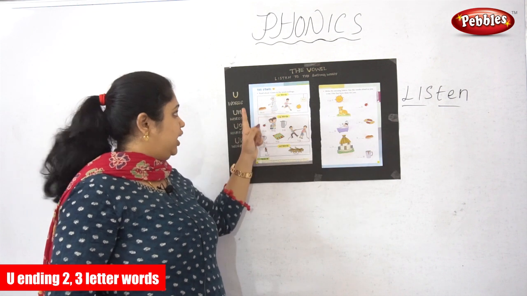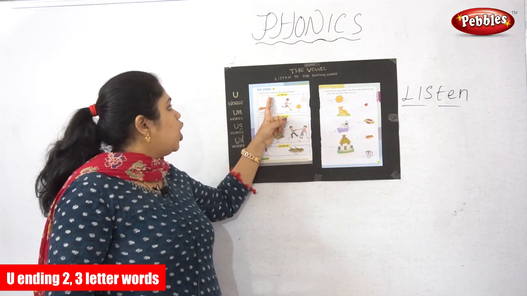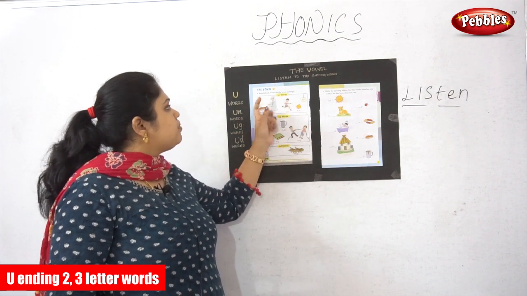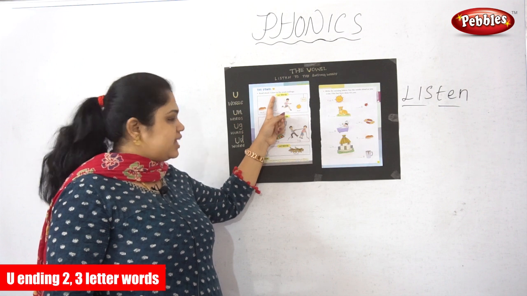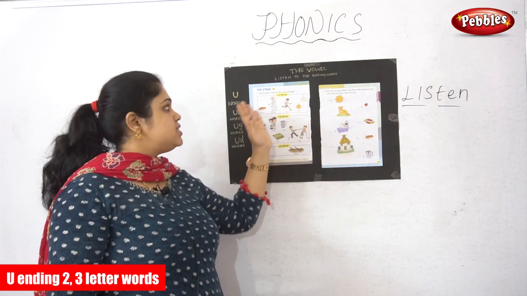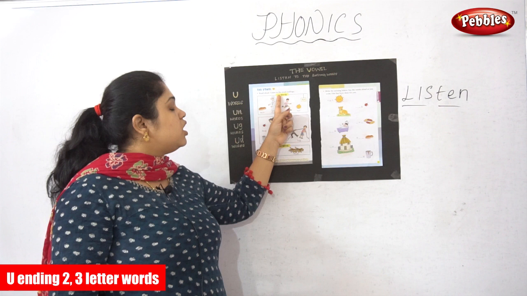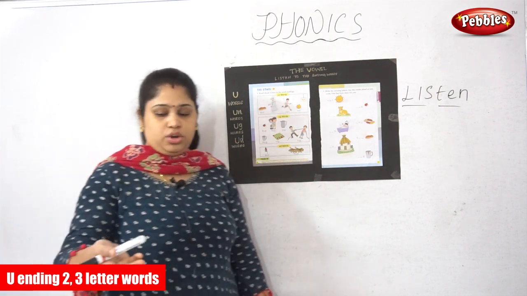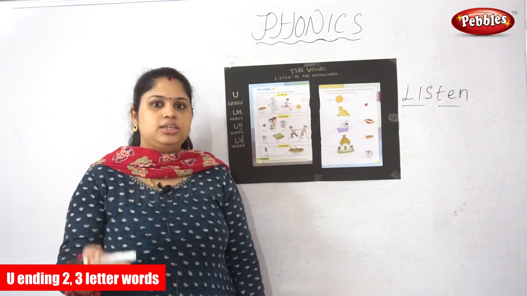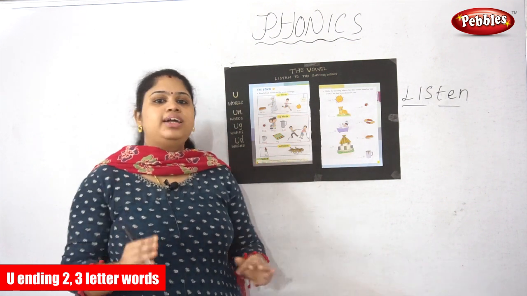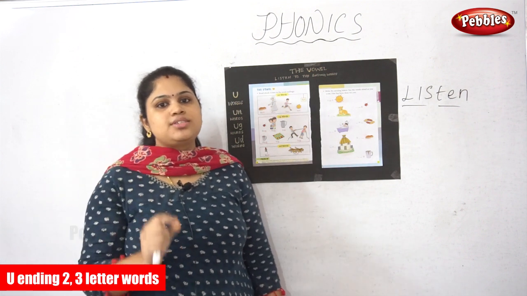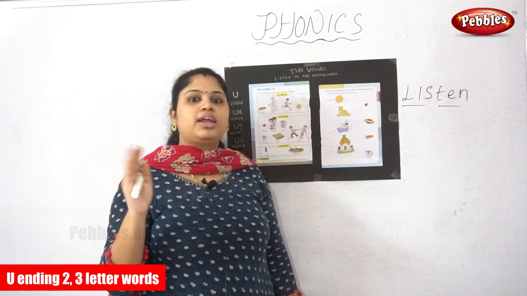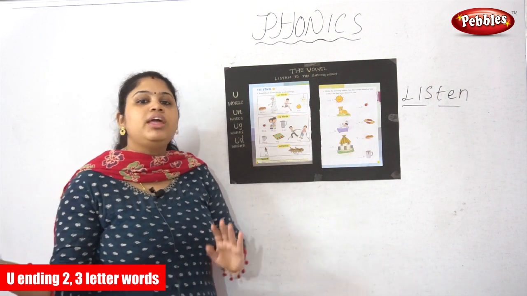R-E-A-D, read. A-L-O-U-D, aloud, read aloud. L-I-S-T-E-N, listen. T-O, to. The word endings. I have said that ing, isn't it? Any word that ends in ing will always have the ing sound. In the same way, any word that ends in s also has the s sound.